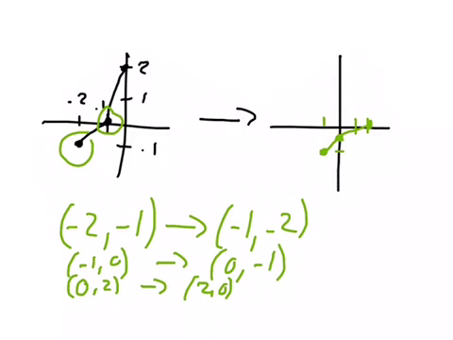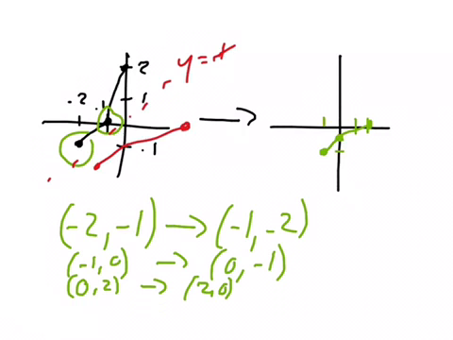And so one way we can think about these is as a reflection over the line y equals x. So we have a line y equals x, this red dotted line here. And if I were to fold my paper over on that dotted line, I would get back to the other function. But the easiest way to find it is just by taking those x and y positions and switching them.